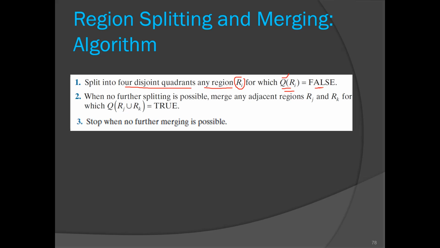If the criteria is false, you divide it. When no further splitting is possible, merge any adjacent regions R_j and R_k for which the criteria is true. If the union of those regions satisfies that criteria, you merge those adjacent regions; they should be adjacent. Stop when no further merging is possible.